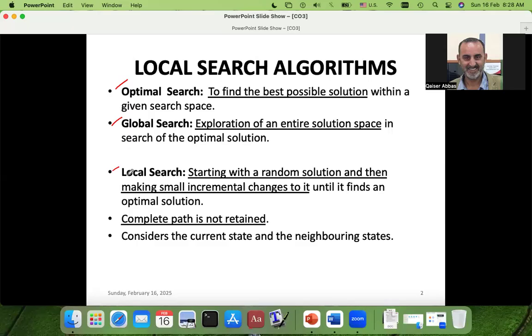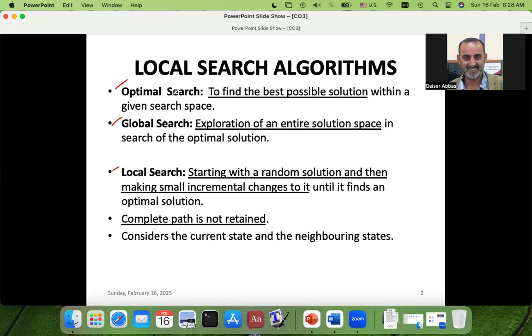The word optimal you already know. For example, in the previous CLO, when we were saying that this algorithm is optimal, it means that the algorithm can give us the best possible solution. So optimal search is again the same definition.